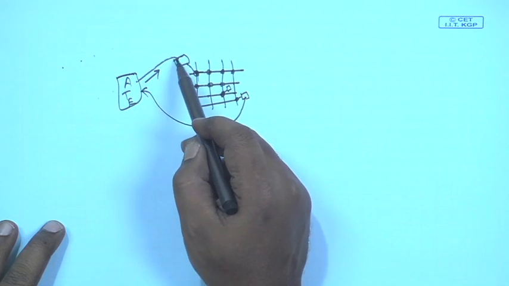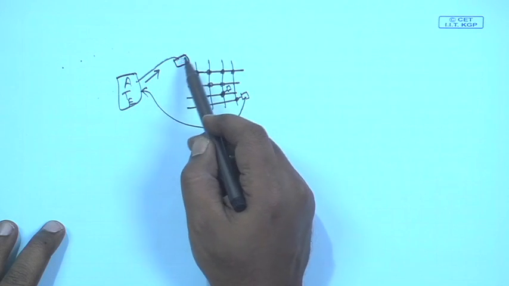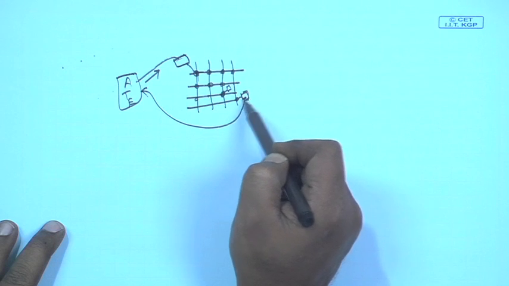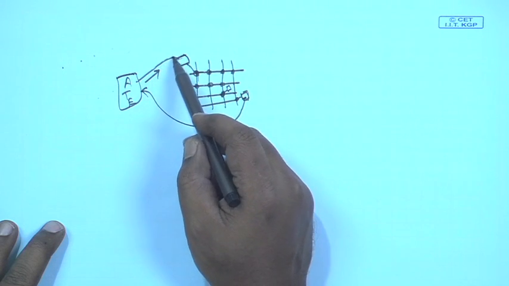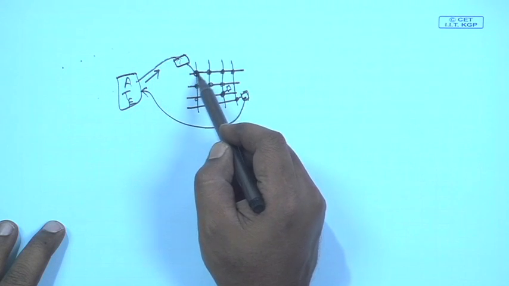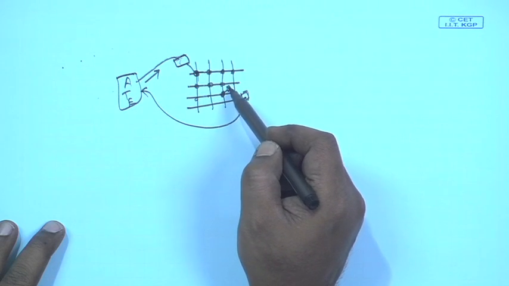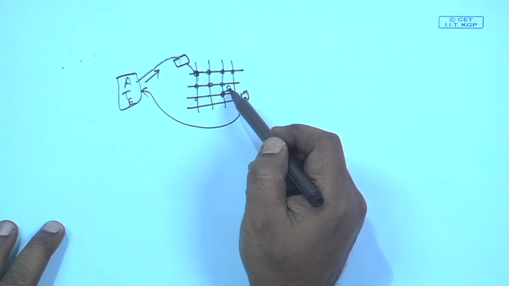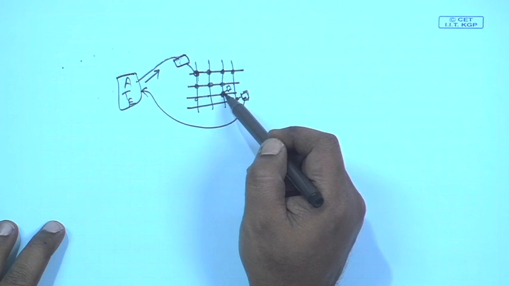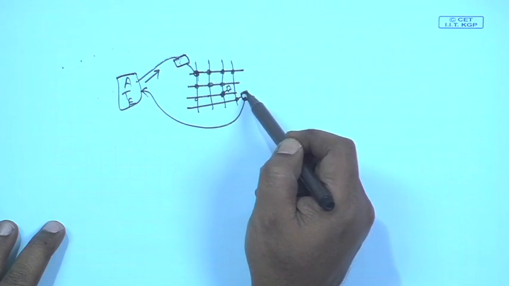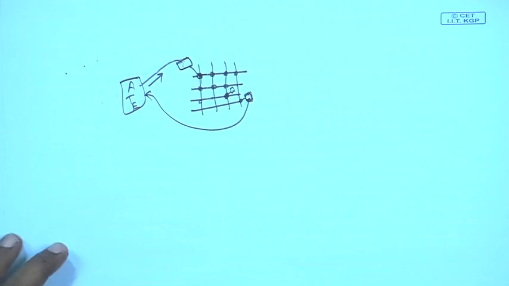In the test mode, they will transfer the test pattern to this router, destined to this core under test, and the core under test will send the response to this core, from where it will be transferred to the ATE.